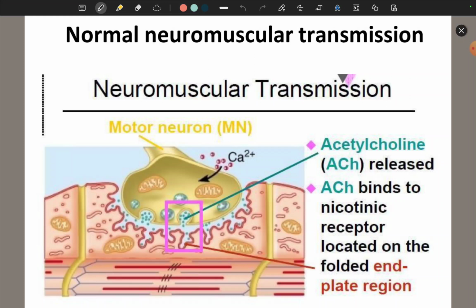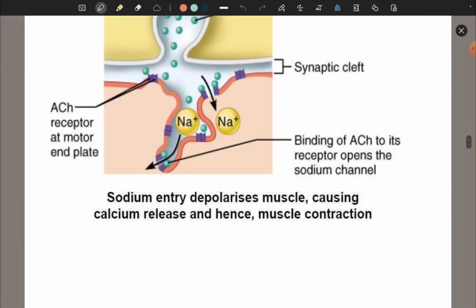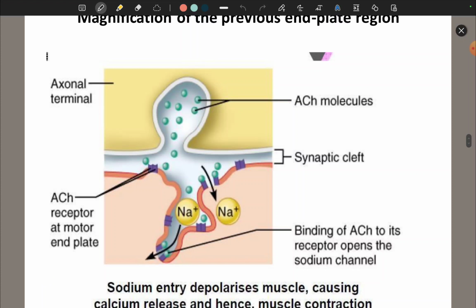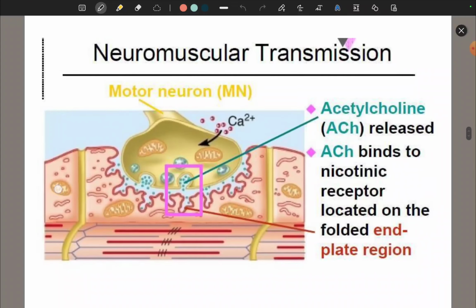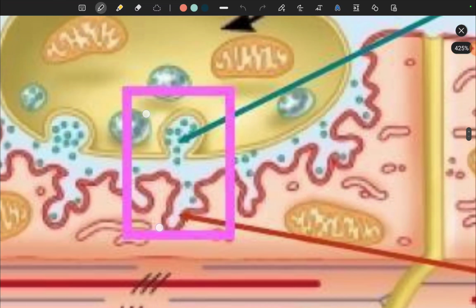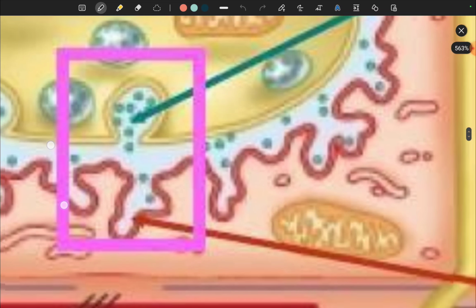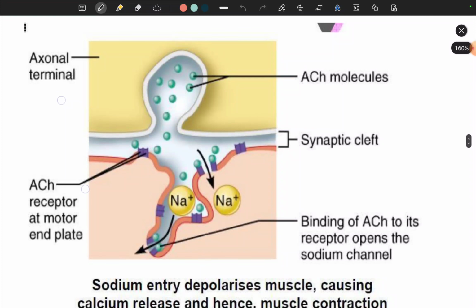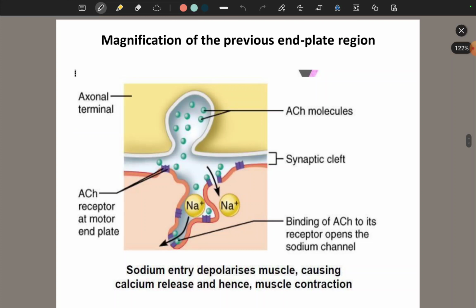In the muscle, it causes the entry of sodium, release of calcium, and then contraction of the muscle. It will join to its receptor, as shown here. Again, concentrate on the previous image. On this one, I will magnify this part in the purple rectangle. It will be this part.